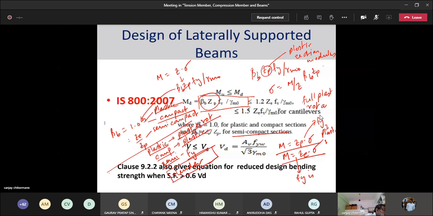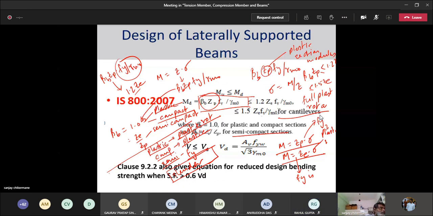Now the thing is that beta B Zp is limited to being 1.2 Ze. So you cannot have a Zp greater than 20% of Ze for a regular section, and you cannot have a Zp greater than 1.5 times Ze for cantilever sections. Is this making sense? Yes, sir.